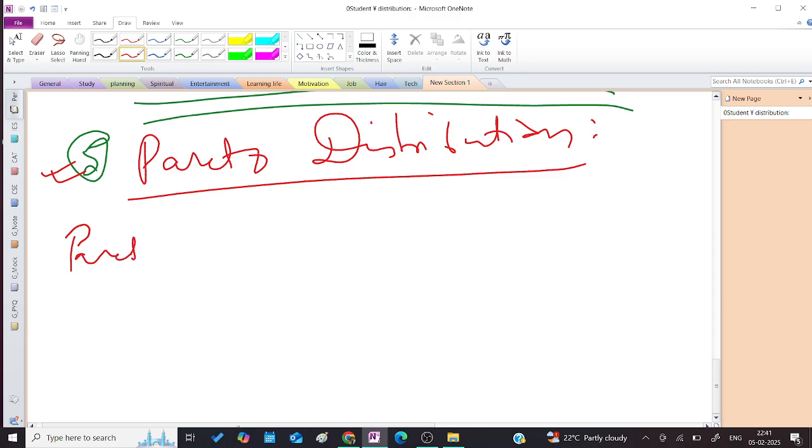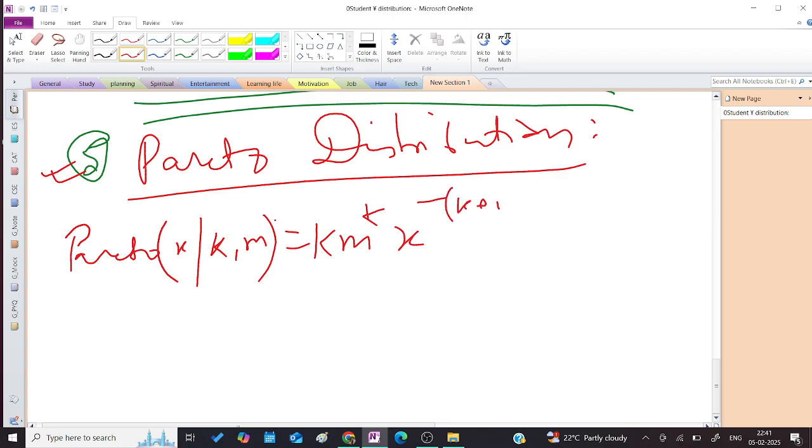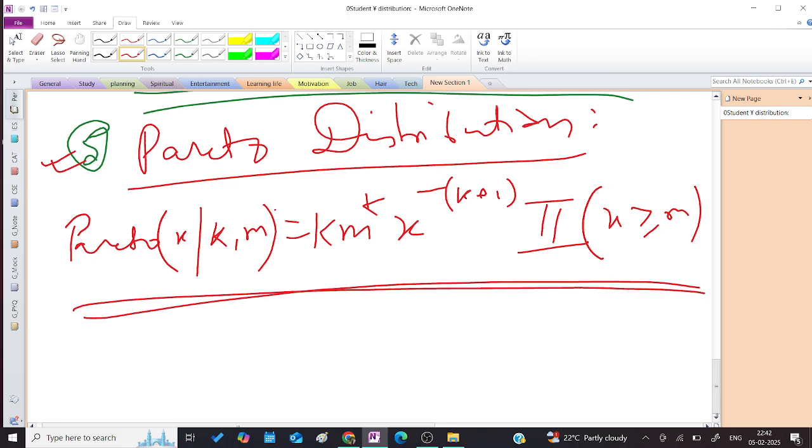Pareto(x | k, m) equals k m to the power k, x to the power minus (k + 1), times the indicator function of x more than or equal to m. So that's all for continuous distributions.